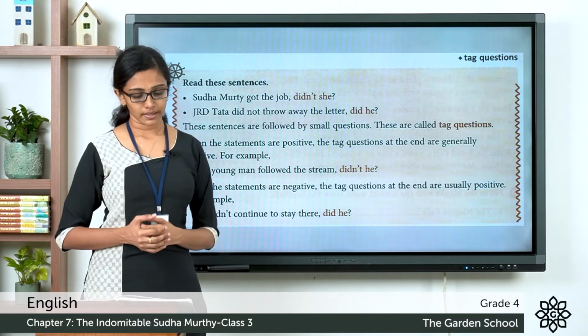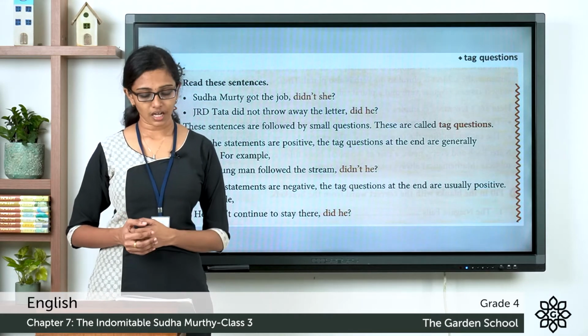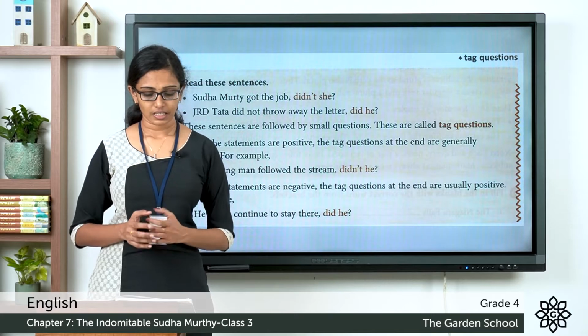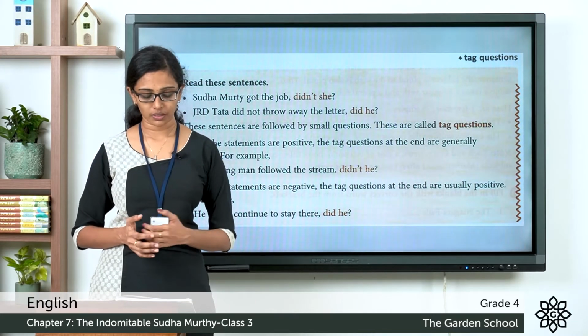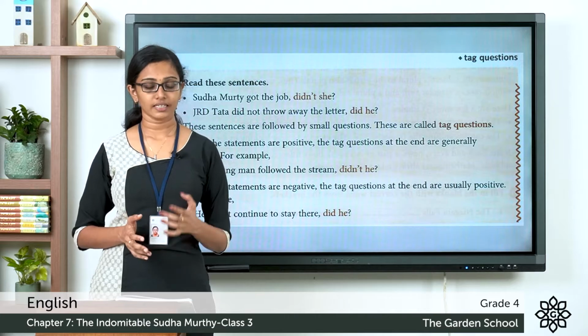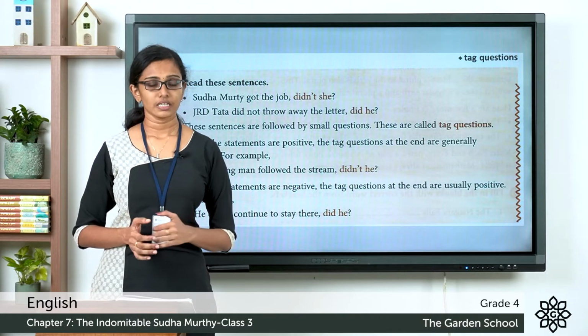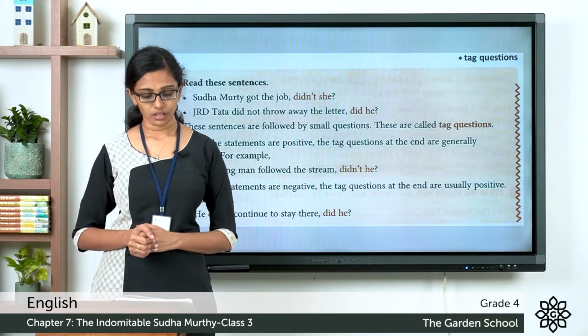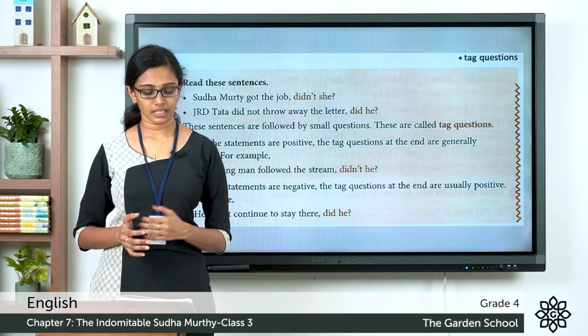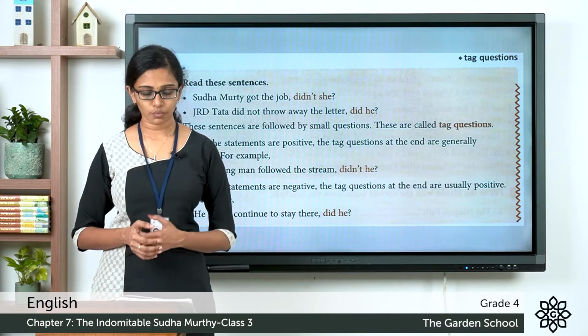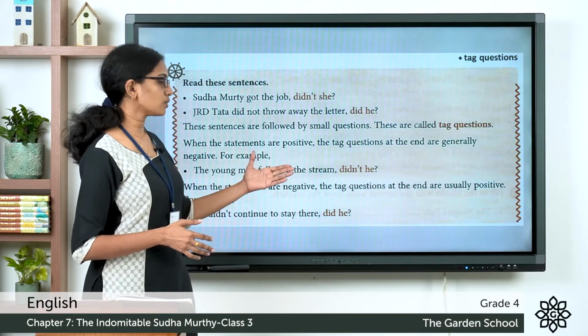See, let me read the notes to you. These sentences are followed by small questions. These are called tag questions. When the statements are positive, the tag questions at the end are generally negative. For example, the young man followed the stream, didn't he? So the statement was a positive one, followed the stream.